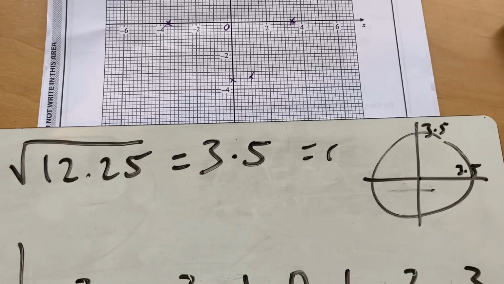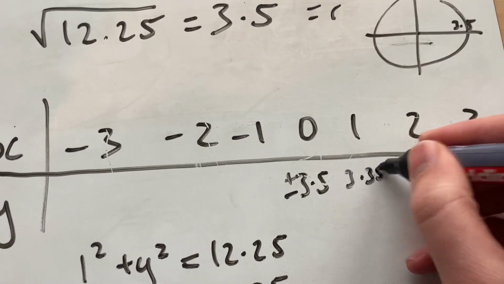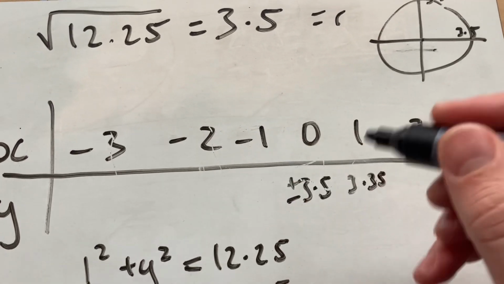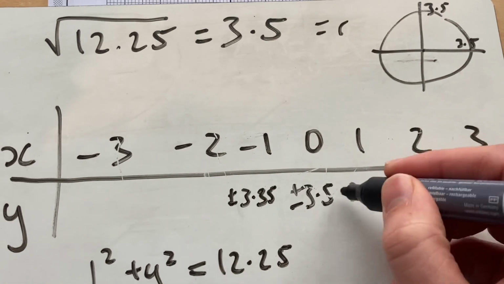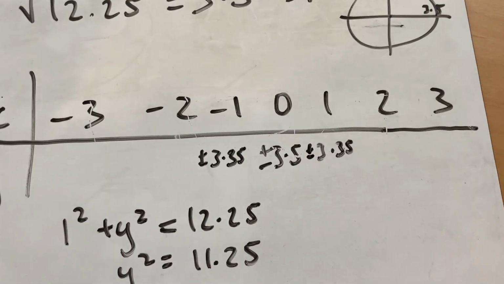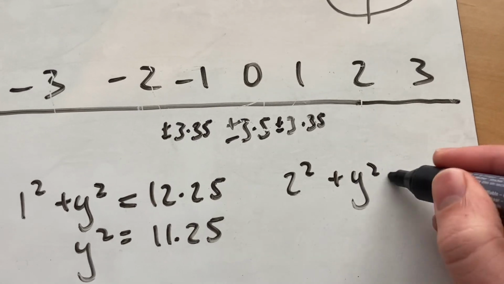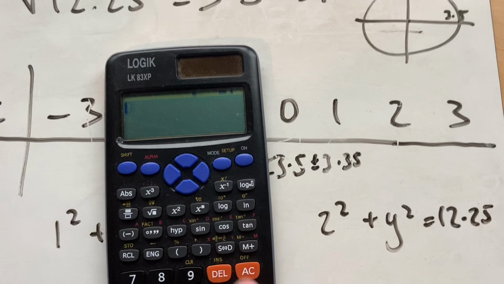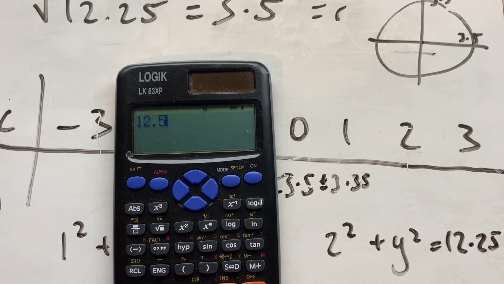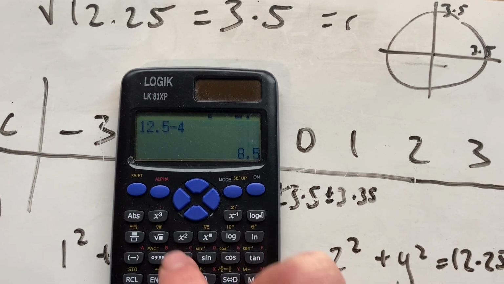Let's do that for 3.35. It'll be symmetrical for when x is minus. What about when x is 2? So 2 squared plus y squared equals 12.25. So it'll be 12.25 minus 4 now, which is about 8.5.